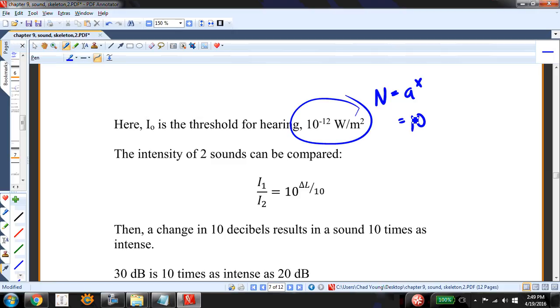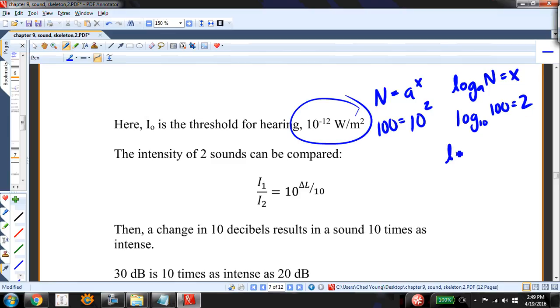You can have any base, but right now we're dealing in base 10. So 10 squared is equal to 100. If we write this in terms of logarithms, we'd say log base a of n is equal to x. We imply a base of 10, so log base 10 of 100 is equal to 2.